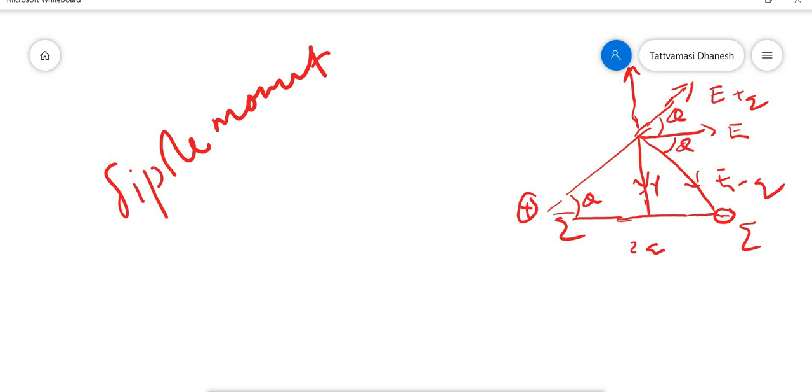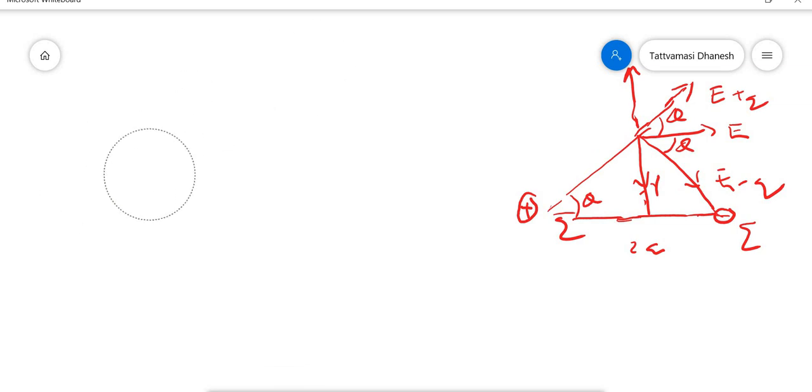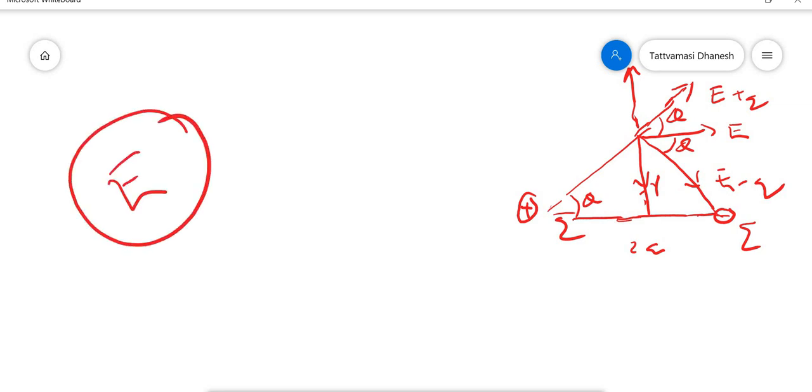So now in this video we are going to derive an expression for the intensity of electric field. Last video we derived an expression for the intensity of electric field in the axial position. This is what we have covered. Now in this video we are going to derive an expression in the equatorial position.